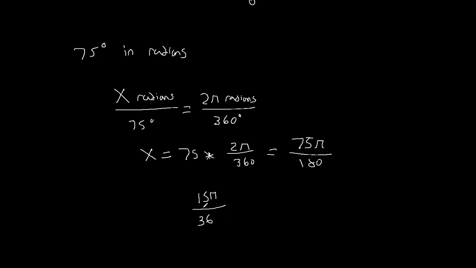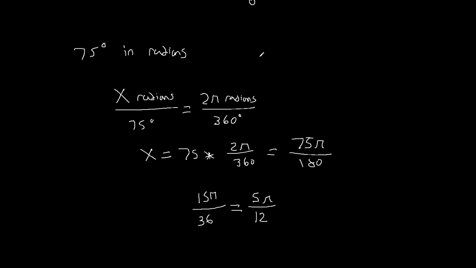So we have 15 over 36 pi. Again, we can reduce this even further by dividing by 3. So 15 divided by 3 is 5. 36 divided by 3 is 12. And again, 5 is a prime number, so we cannot reduce this anymore. So 5 pi over 12.